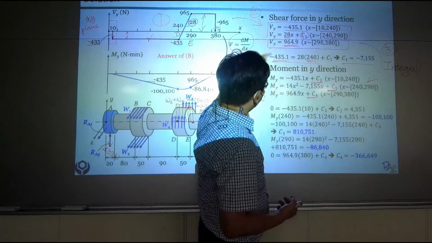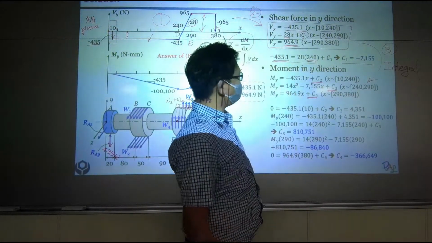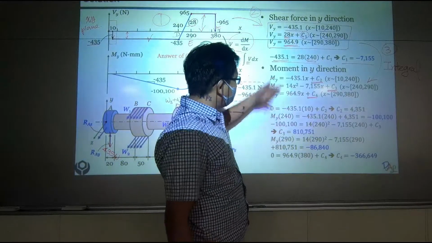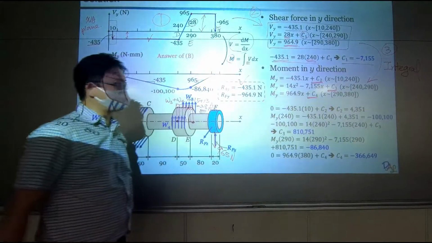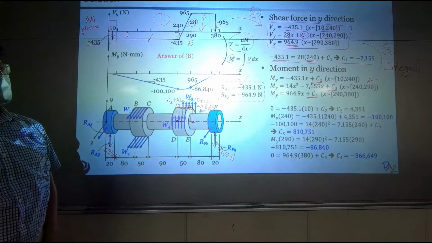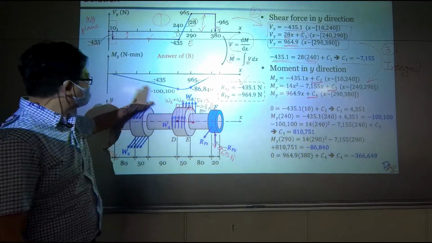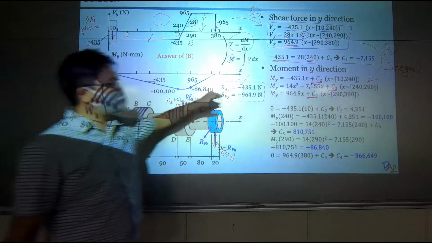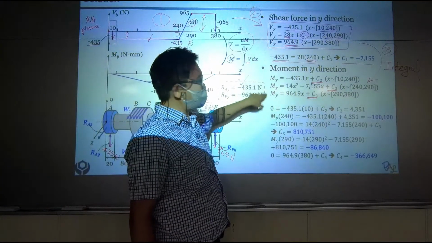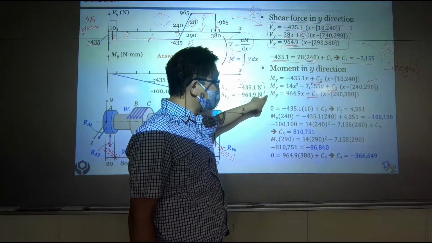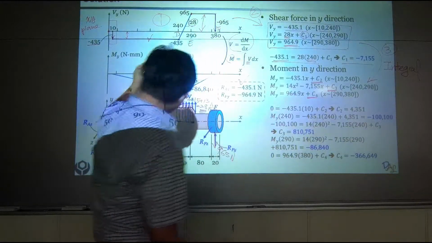So here, from here to here, we get the integrals. So we get moments. In different regions, we have different behaviors of bending moments, and they are having different shapes.